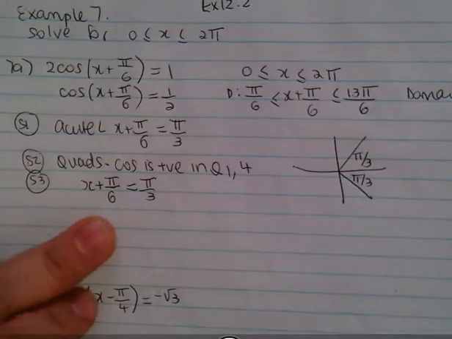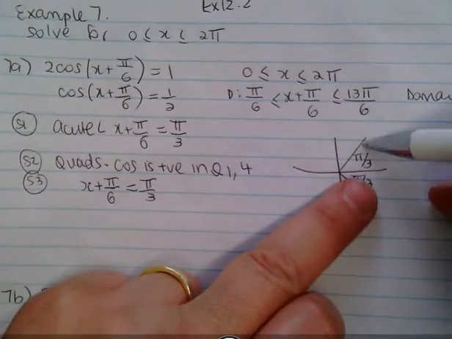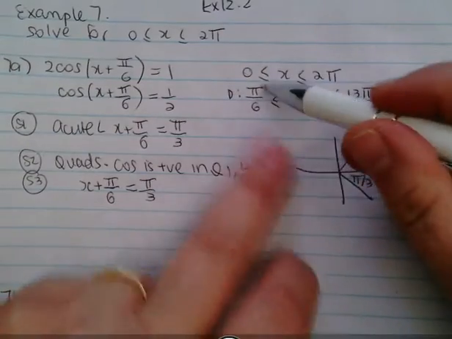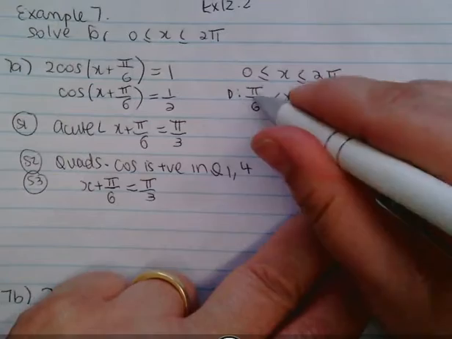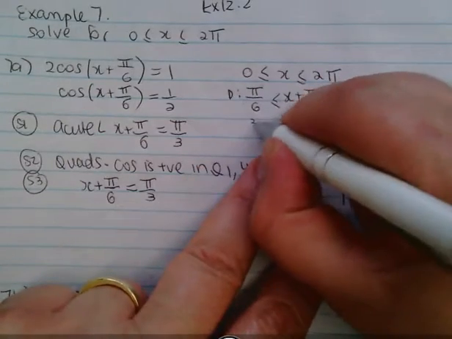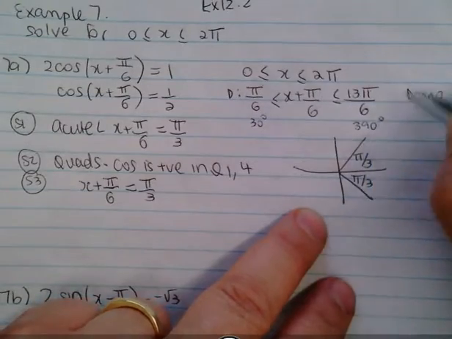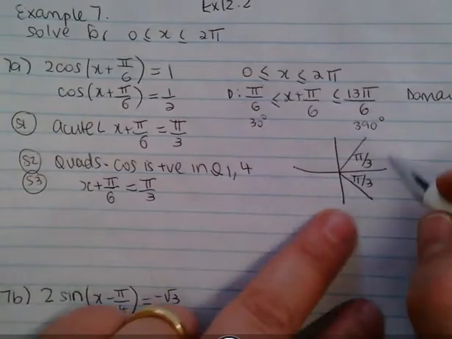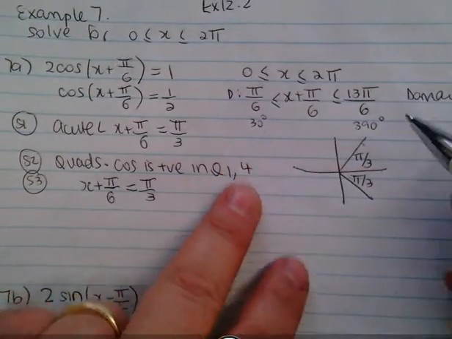Now we've just got to make sure that your result lies within there. Now pi on 3, that's 60 degrees, and this is 30 degrees, pi on 6, so it does lie within this domain. This is like from 30 to 360 plus another 30, 390. And 60 degrees does lie between 30 and 390 degrees.